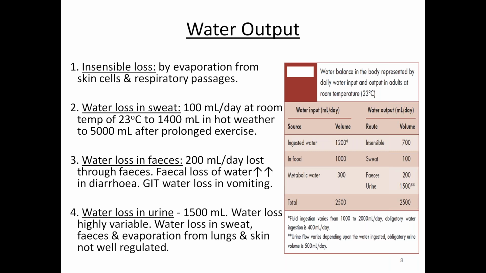In a normal individual, depending pretty much on ADH concentration, the urine osmolality can vary from 50 to 1200 milliosmoles per kg water, with a urine volume of 0.5 to 18 liters per day. You have all the values here just for your reference.